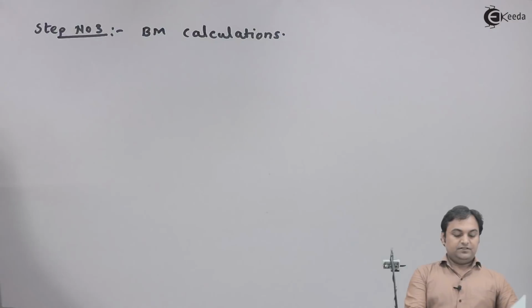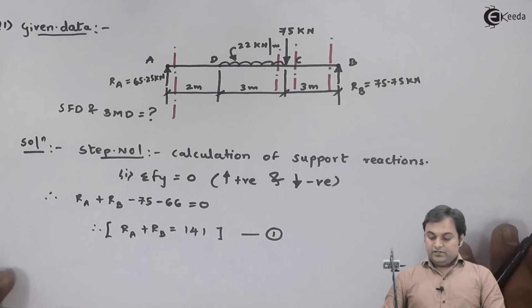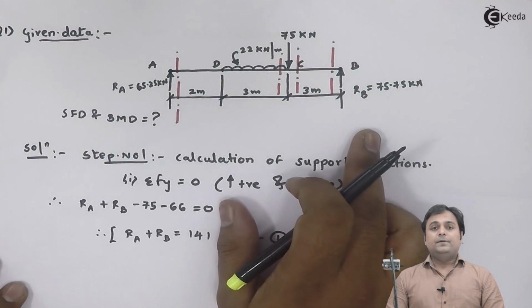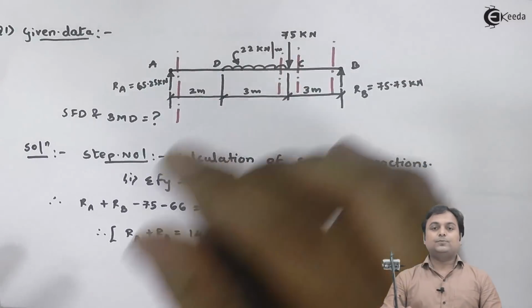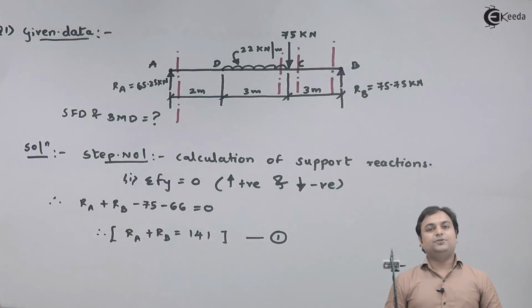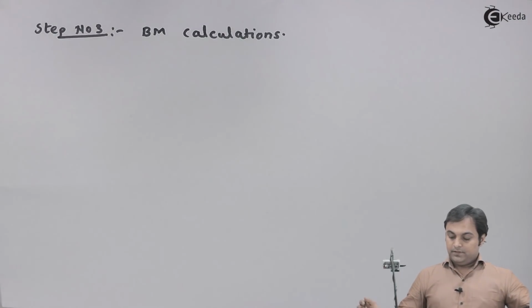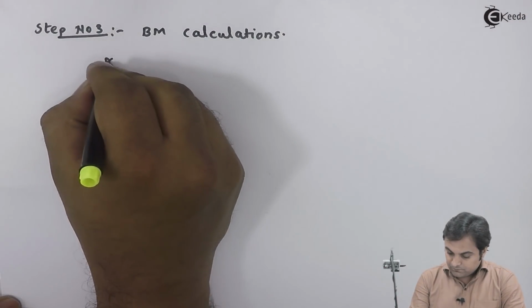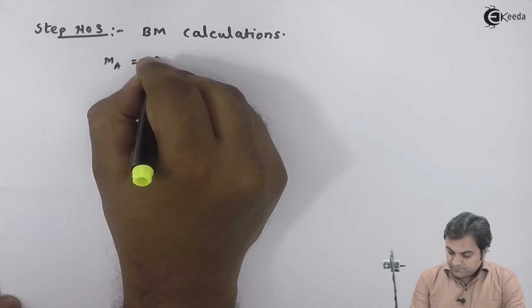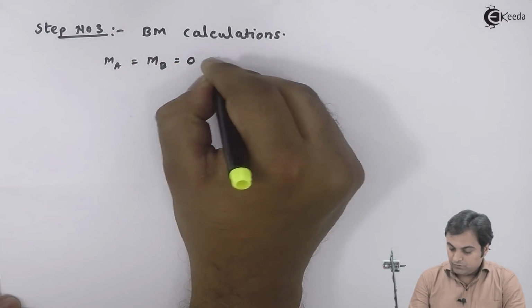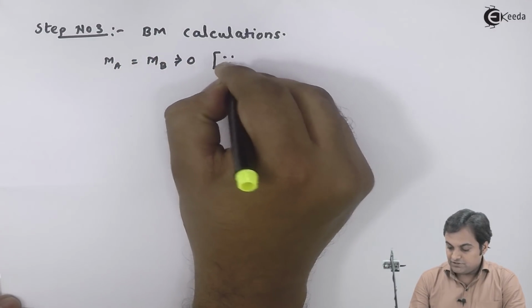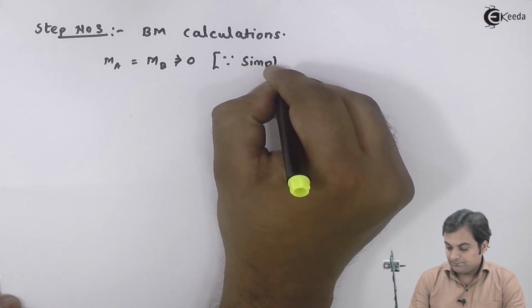As we can see in here that the beam is simply supported. So at the supports bending moment will be 0. I'll write down moment at A is equal to moment at B, and that is 0, and in the bracket I'll mention since it is simply supported.